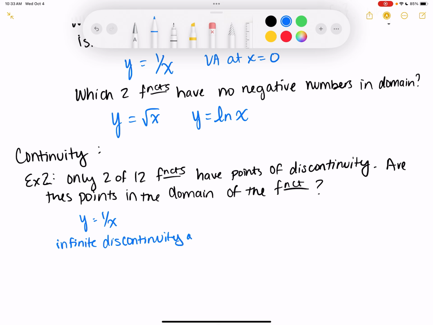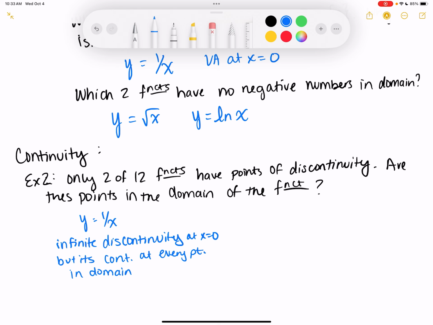Infinite discontinuity at x equals 0, but it's continuous at every point in the domain. So continuous is basically like it's connected and it keeps going, more or less.